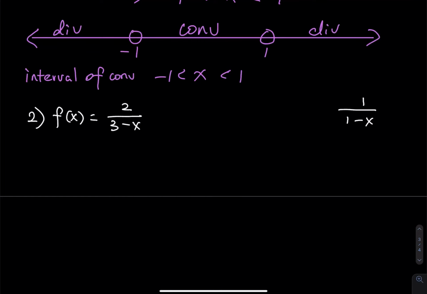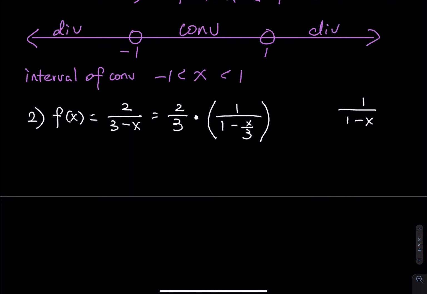The only way to get a 1 on top and 1 on the bottom is you take the 2 over 3 out. After you take that out, you have 1 and then 1, right? But you are forced to change the x to x divided by 3. This is a new technique that you have to learn and use in this type of problem.